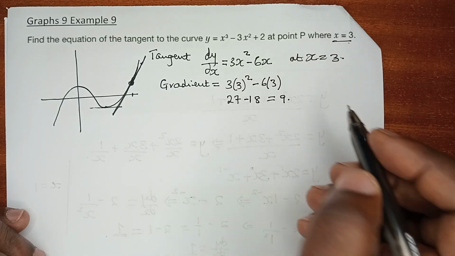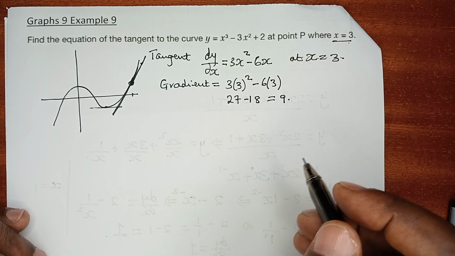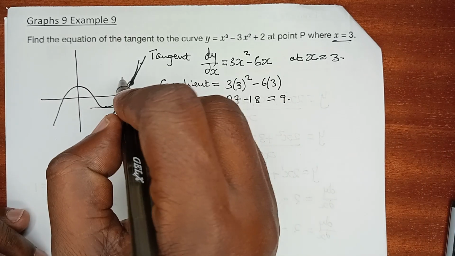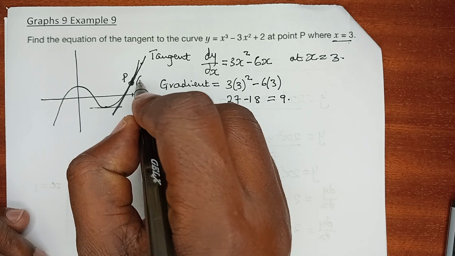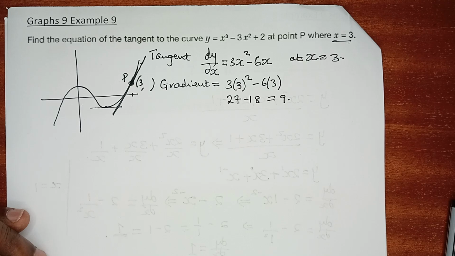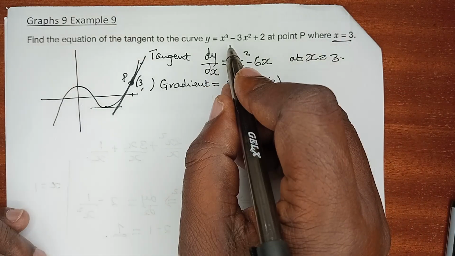Now, if we know this, we are going to find the equation of the straight line. But before we can do that, we have point P whose x-coordinate is 3. Do we even know the value of y? For us to know the full coordinates of the point P, we substitute 3 in the function.